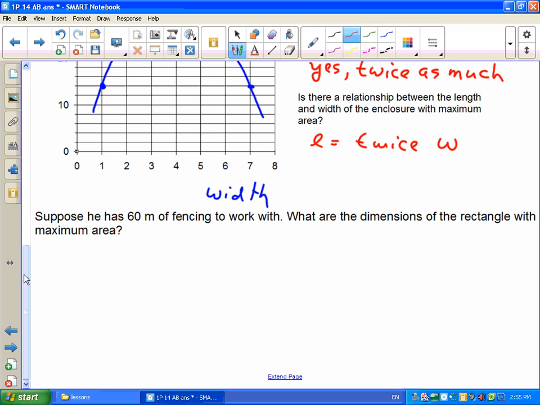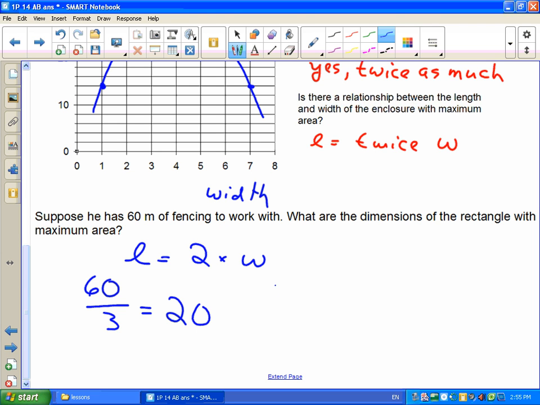Suppose we have 60 meters of fencing, just like we did in the additional question on the last example. What are the dimensions of the rectangle with maximum area? Well, we want our length to be 2 times our width. Right? So if we take our 60 and we divide it by 3, that gets us 20.